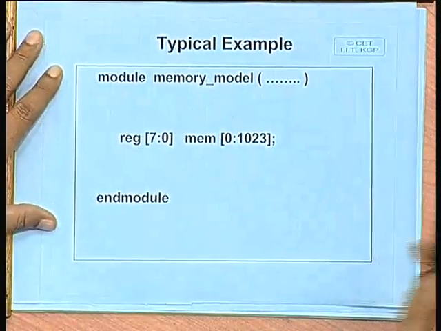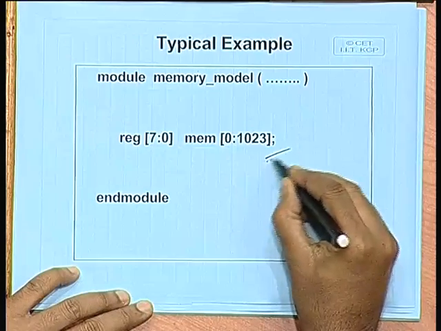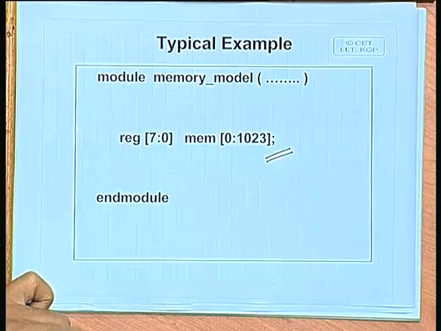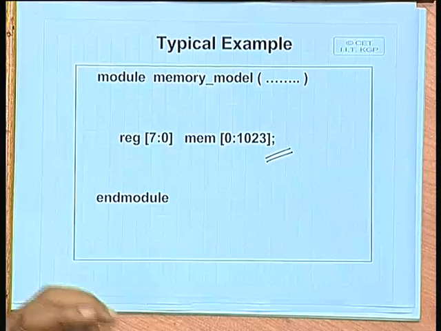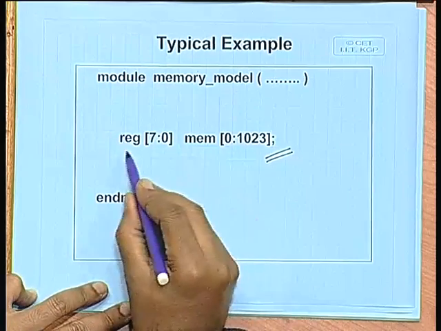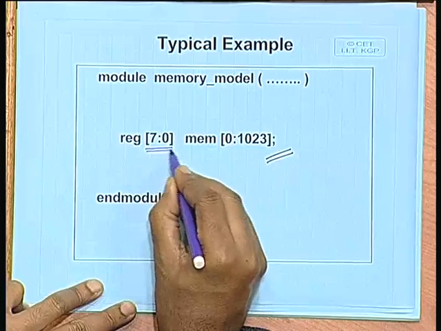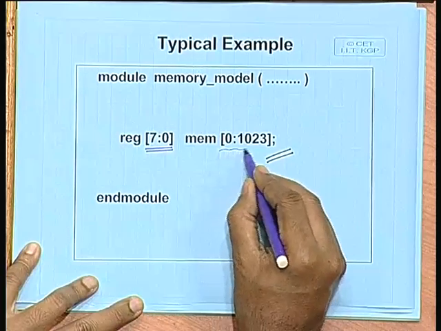First, a typical declaration. This is how we can declare a 2-dimensional array, or you can say an array of register variables. Here this declaration says that this is a register type variable and the size of the register type variable is 8 bits and it is an array.